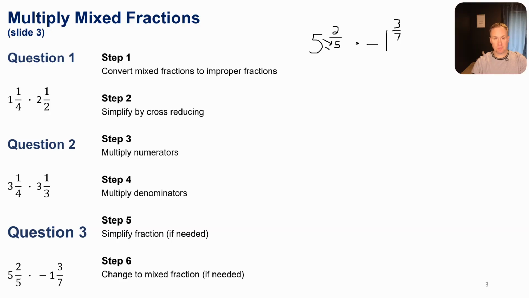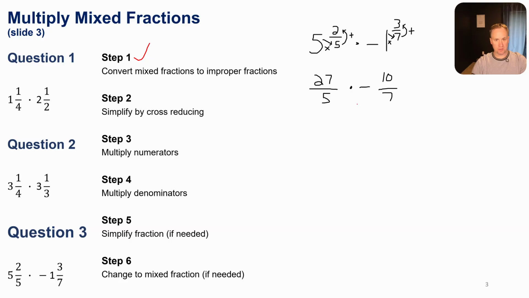And I can do that by multiplying 5 times 5 and then adding the 2. 5 times 5 is 25. 25 plus 2 is 27 over the original denominator 5 times our negative. 1 times 7 is 7. 7 plus 3 is 10. 7's our original denominator, stays our denominator.